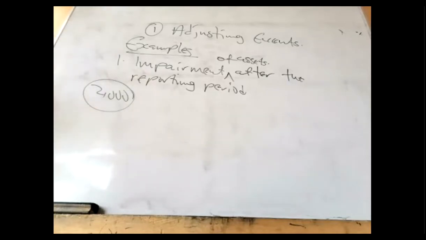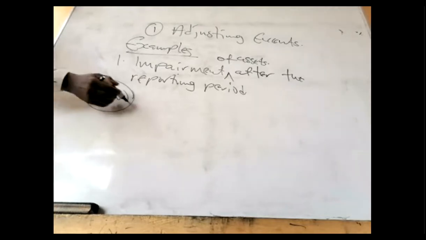So this receivable has been impaired, but it took place after the year end. However, because this 2,000 is a receivable in our balance sheet, this is evidence that it has been impaired. We are not going to receive it. Therefore, we should include it.